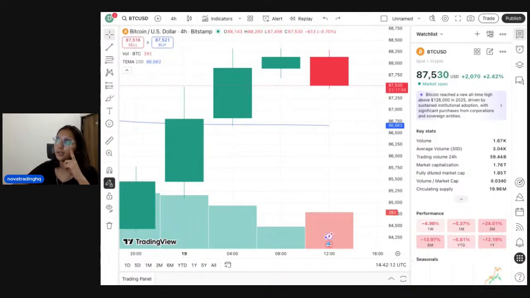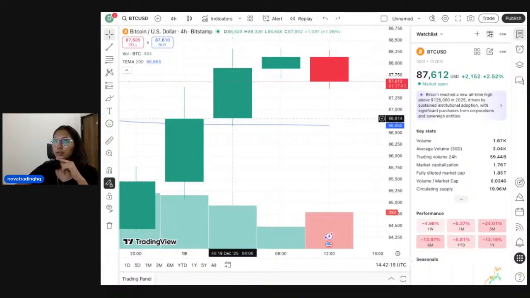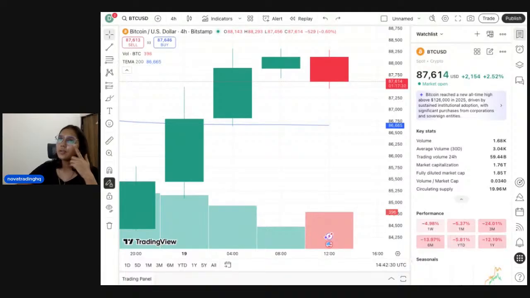It opens approximately around 86 point something, and continuous higher closing, as you can see here, around 87.9K, right at your less blue, what we can say, TMA. And that's, as you can see, the pivot line also.